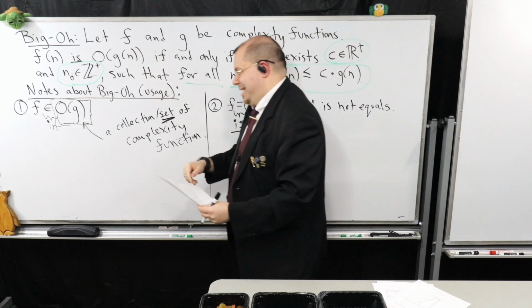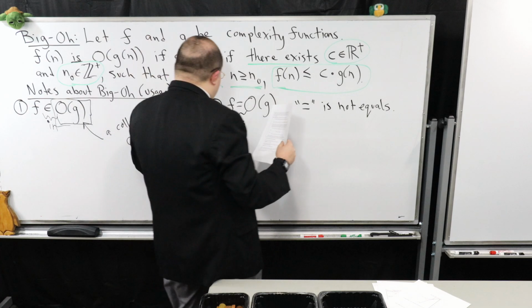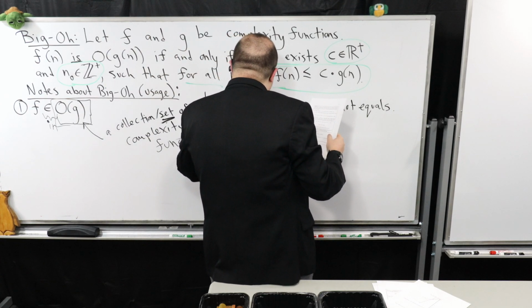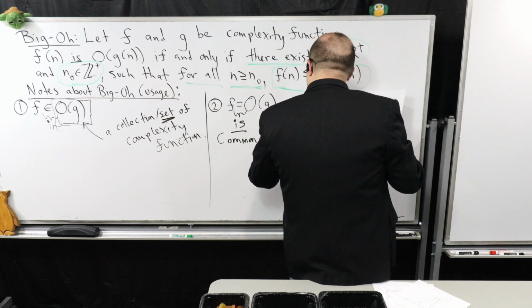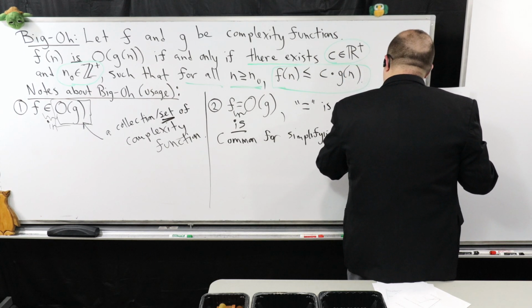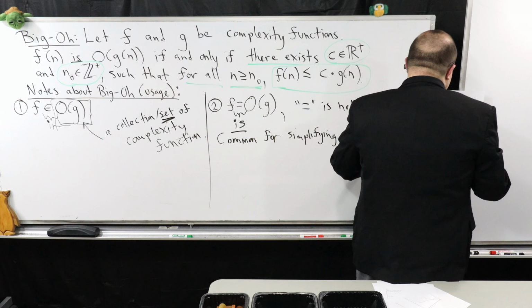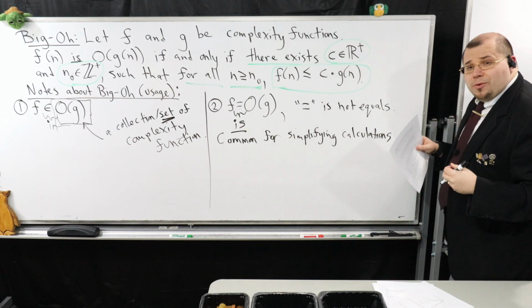I'm going to show you why and how this often gets used. I'm going to mention that this is common for simplifying calculations. So I'm going to do an example just to illustrate my point.